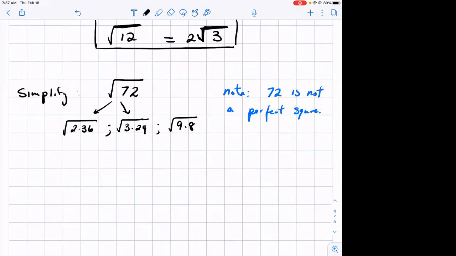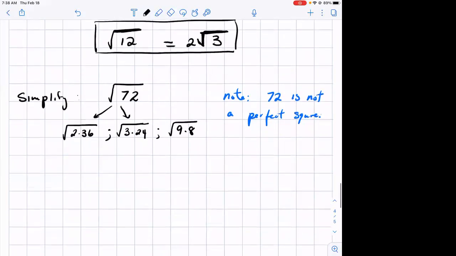Now, if you notice here, we have 2 choices to use. 36 is a perfect square, so we could use this one here. But then we also have a square here, 9. But notice that if you use this one here, you will have additional work to do.